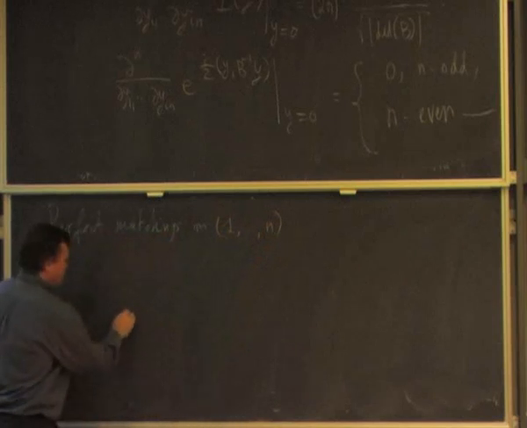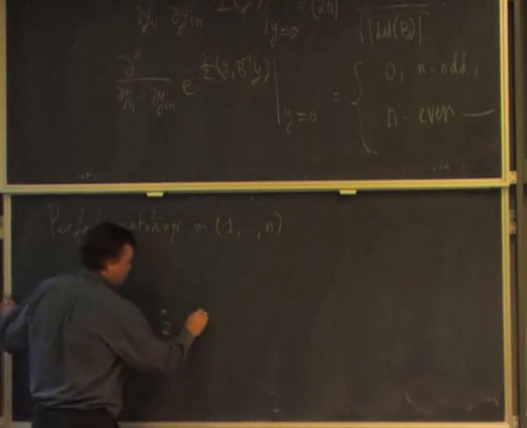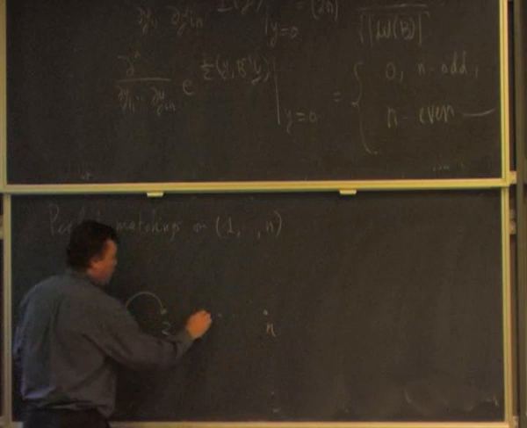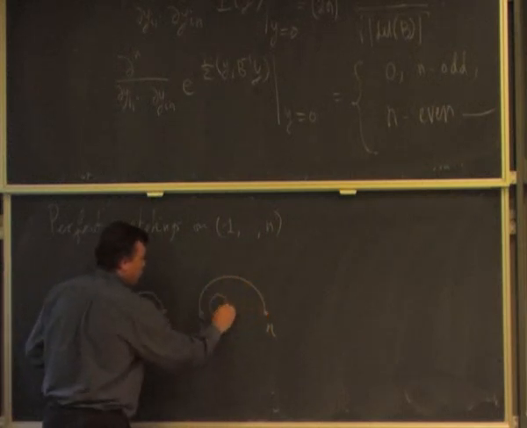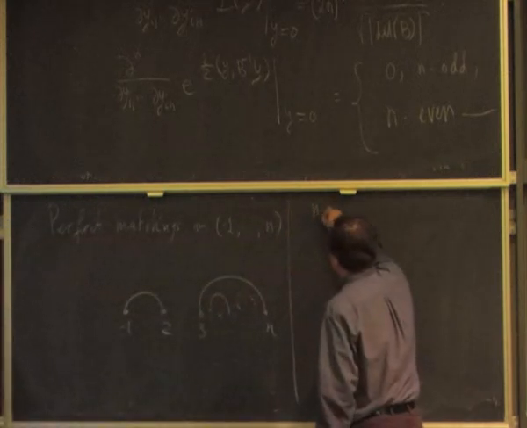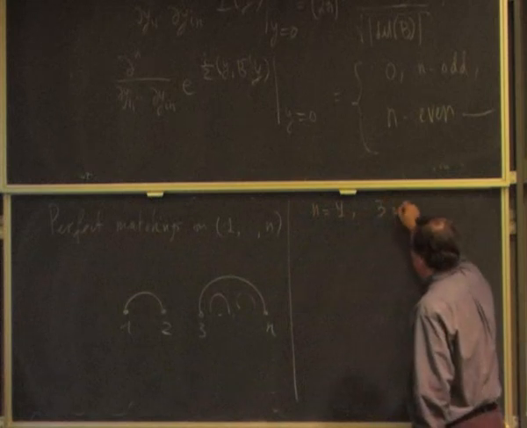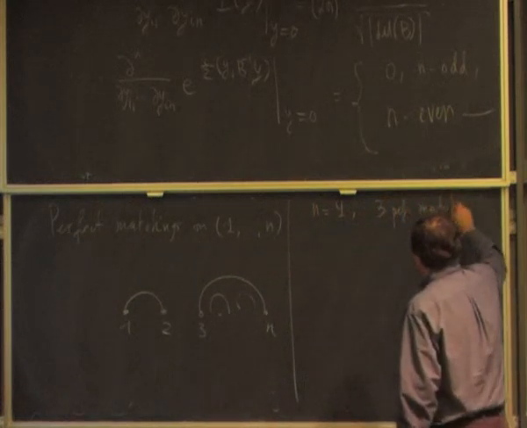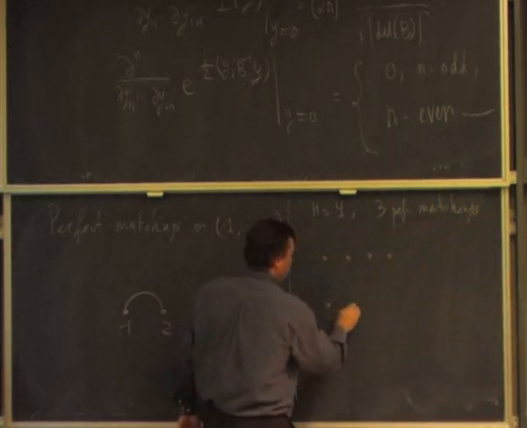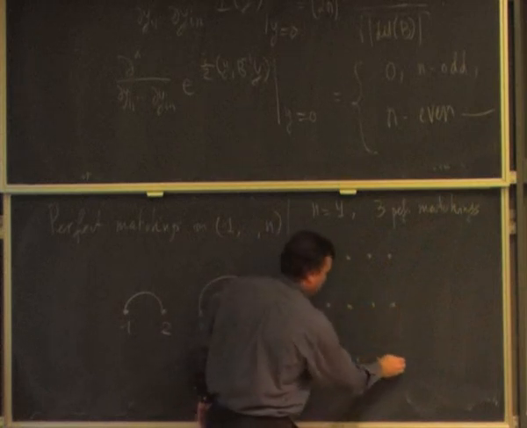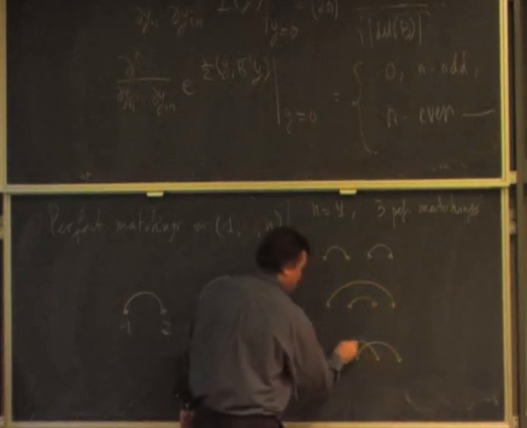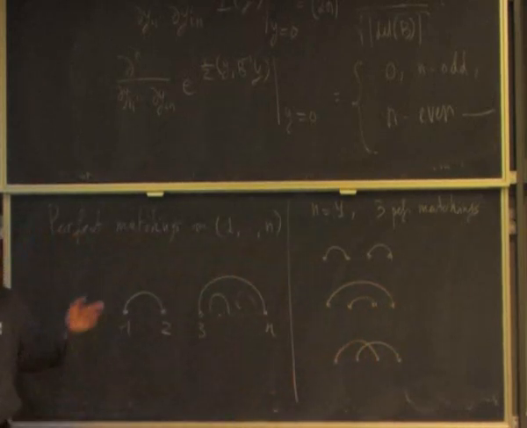You just write these numbers in a sequence, and then you put arcs between those numbers which you match. So for example, if n equals 4, there are 3 perfect matchings. You can match this, you can match this, you can match this. The arcs can overlap.